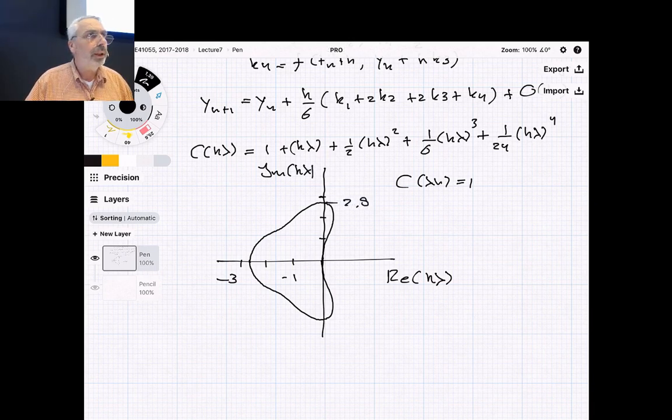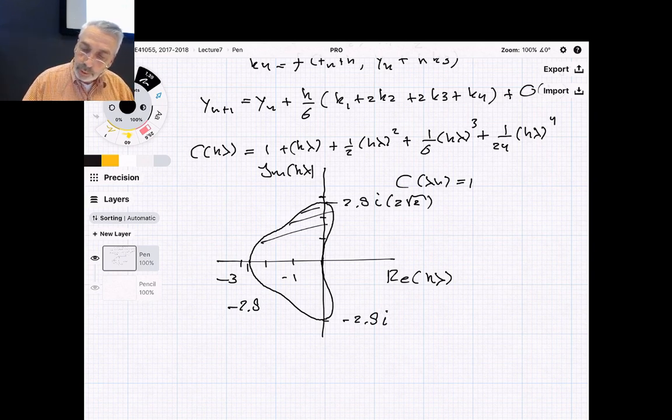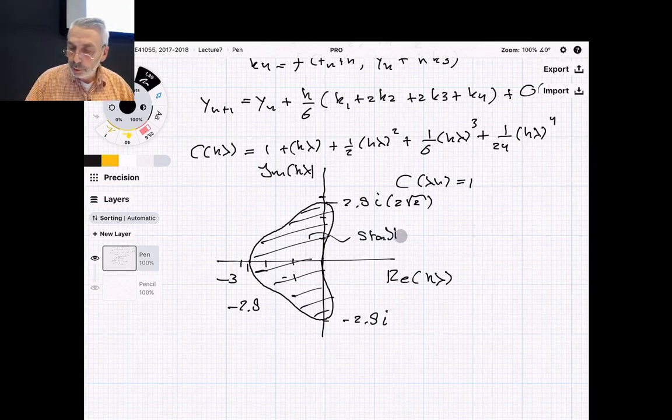To be specific, it's 2 square root 2, I believe, times i, of course. And here minus 2.8, and here the same minus 2.8. And of course, the whole region within this gives you stable results.